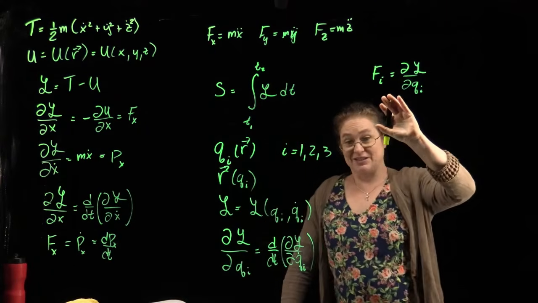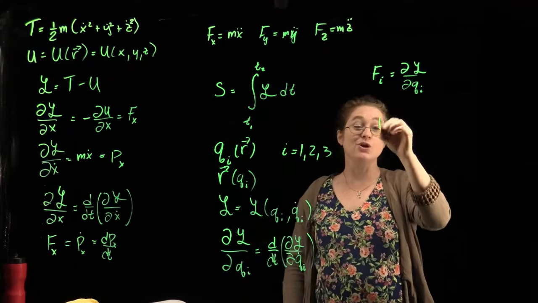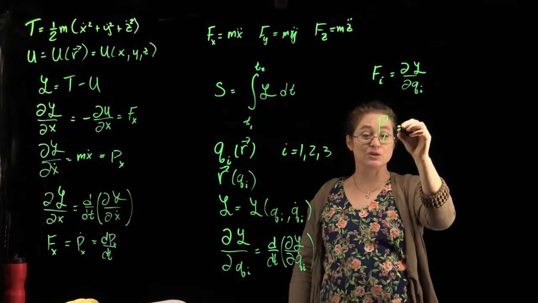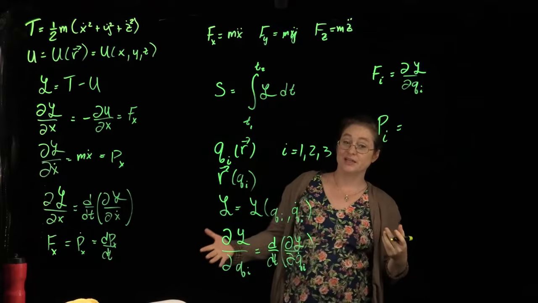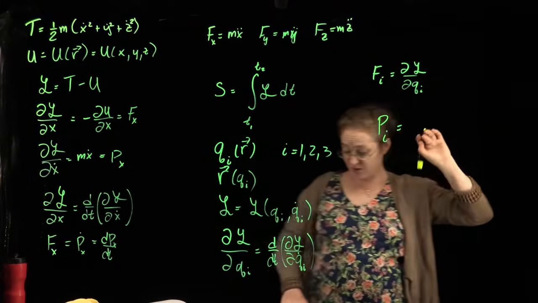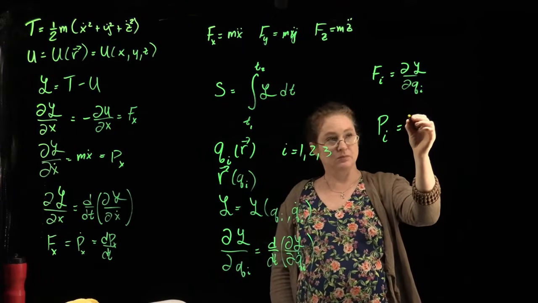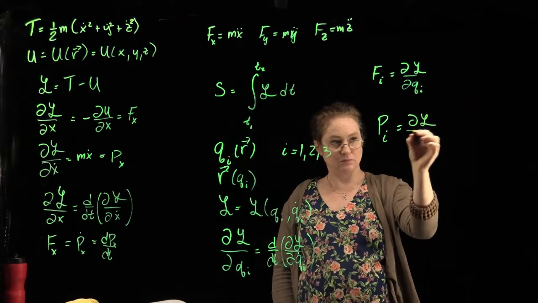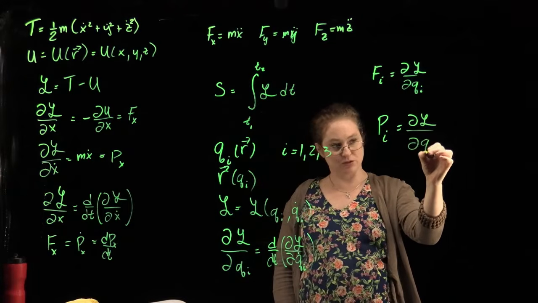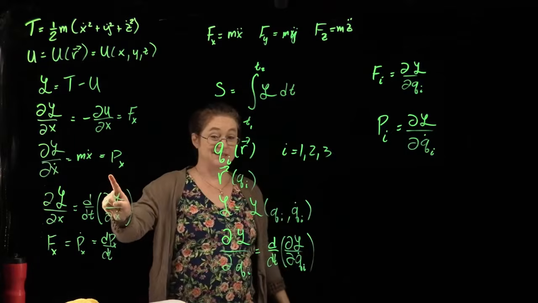But we're going to have this concept of a generalized force where it no longer matters if the things we're talking about are actually distances. The q_i do not have to be distances. They can be any coordinate. And we introduce the concept of a generalized momentum, directly analogous to this.